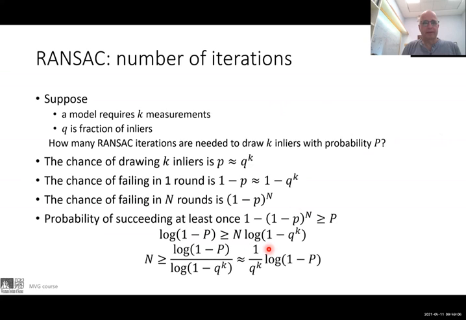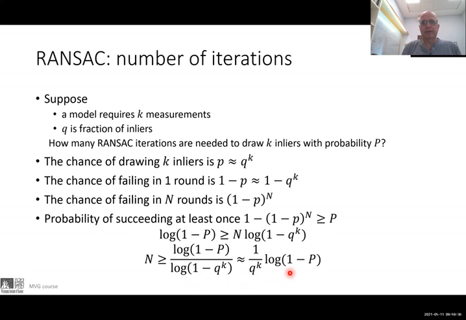And from this we get that n, the number of iterations that we need to take, should be larger than log of 1 minus p over log of 1 minus q to the k. And now 1 over log of 1 minus q to the k is approximately 1 over q to the k. So this is what we get.